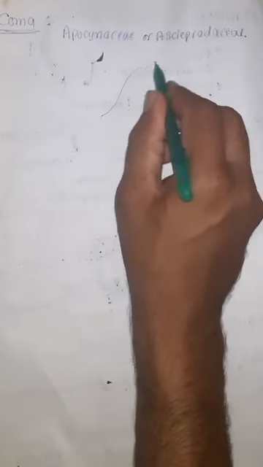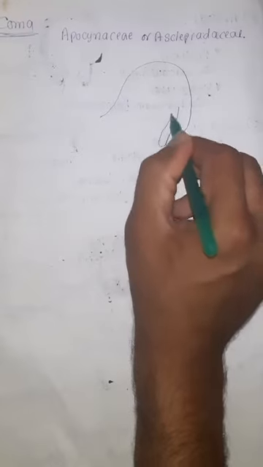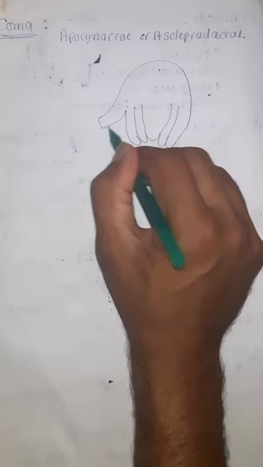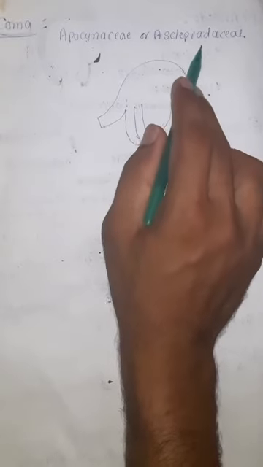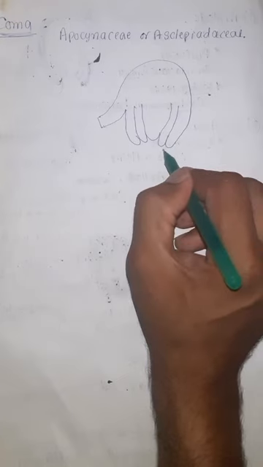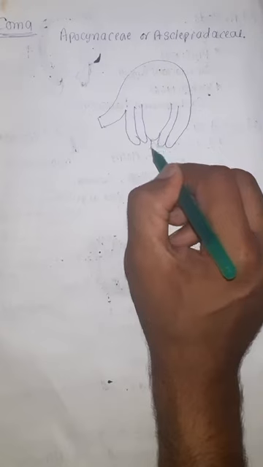This is the ovule. These two are integuments. In the ovules of family Apocynaceae and Asclepiadaceae, we can see a tuft of hairs originating from the integumentary tissue near the funicule. Here it is the funicule.